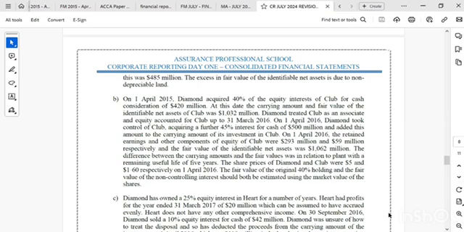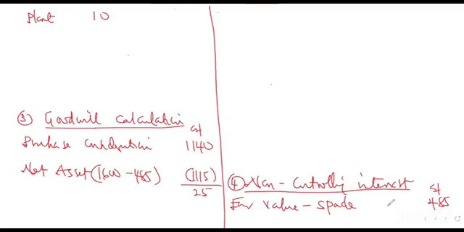So I'll show all the 10, then I'll bring depreciation here. This will be depreciated for 1 year, so 10 over 5, that will be 2.